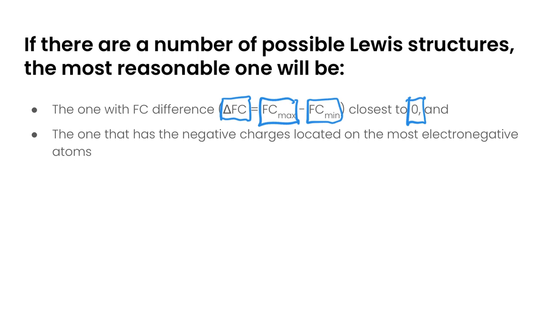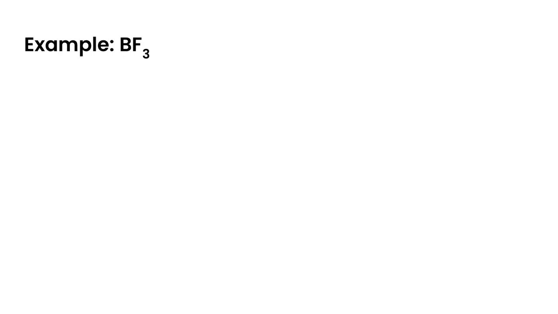And also, the one that has the negative charges located on the most electronegative atoms is also going to be the most reasonable structure. So we can look for these two characteristics after we've calculated formal charge to see which of the possible structures is the most reasonable one. So let's take a look at an example.